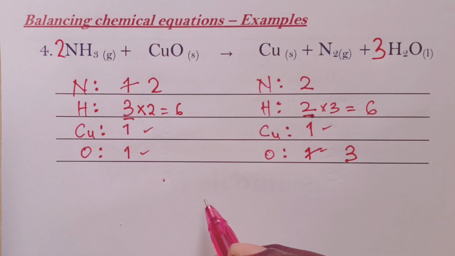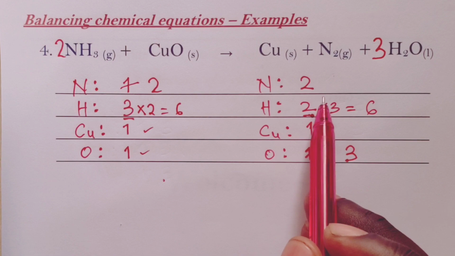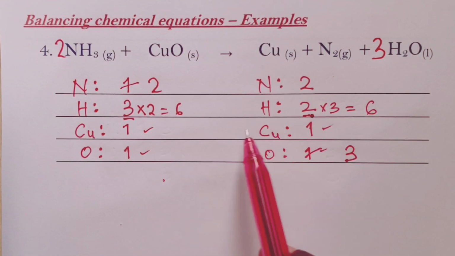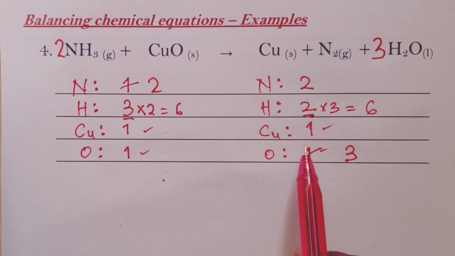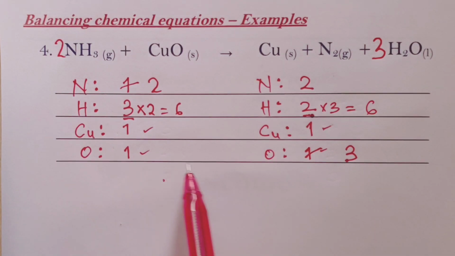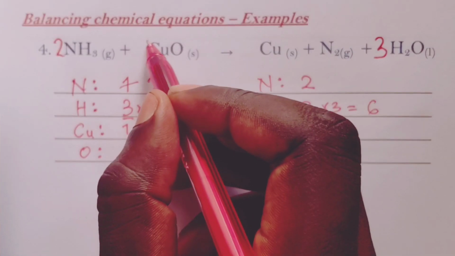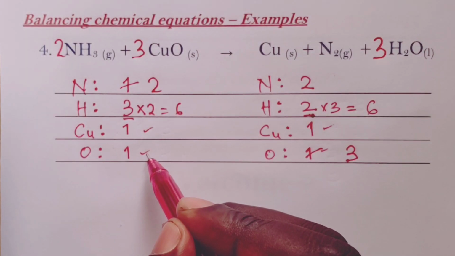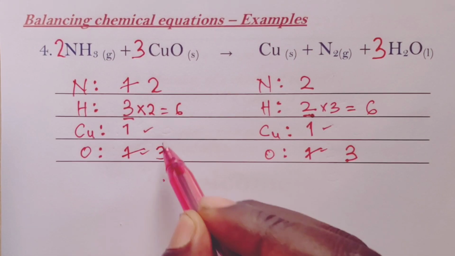So far, nitrogen is balanced 2, 2, hydrogen balanced 6, 6, copper balanced 1, 1. But there is still an issue on oxygen. 1 on the left, 3 on the right. So I'll be forced to put a 3 before copper 2 oxide in an effort to obtain 3 on oxygen. And surely I get 3 oxygens.